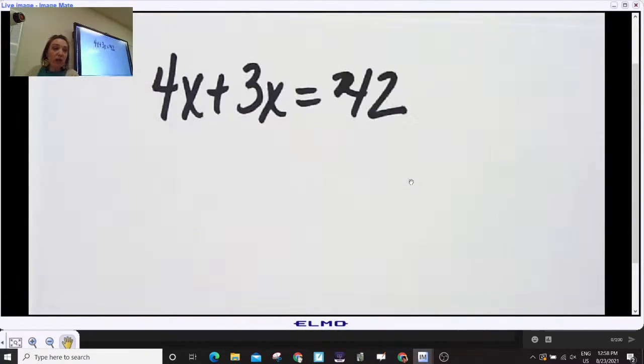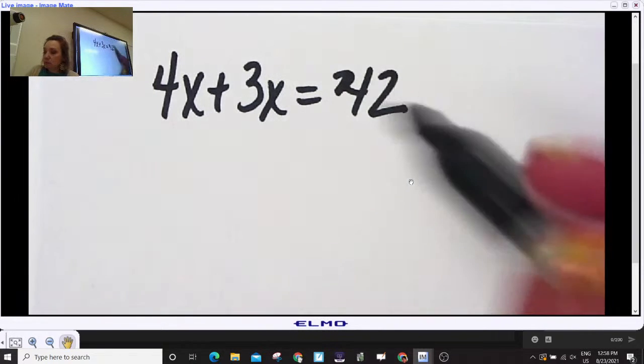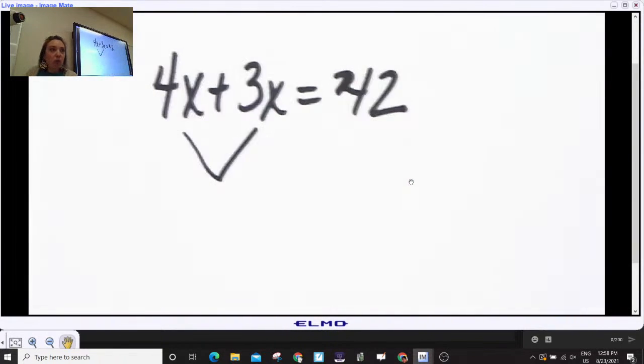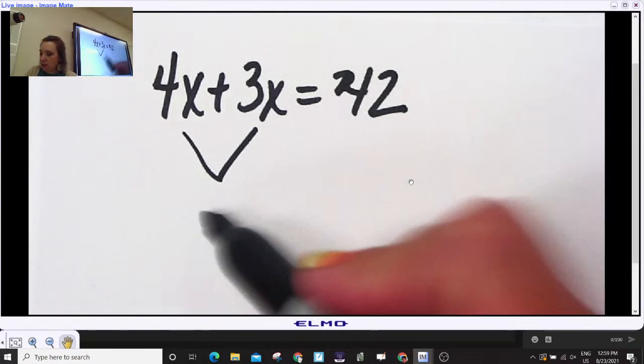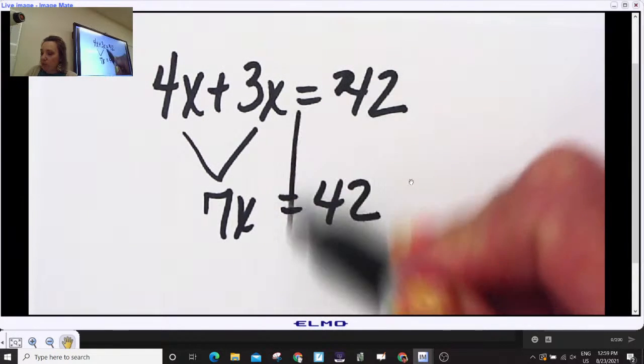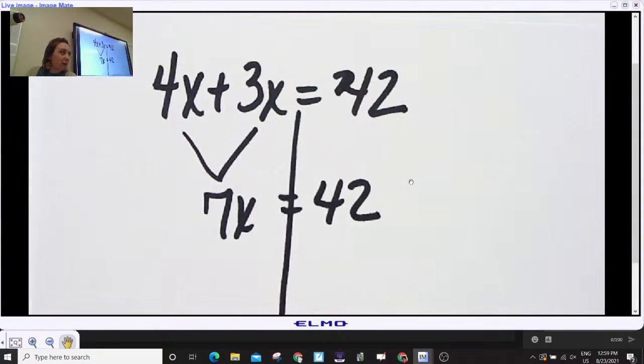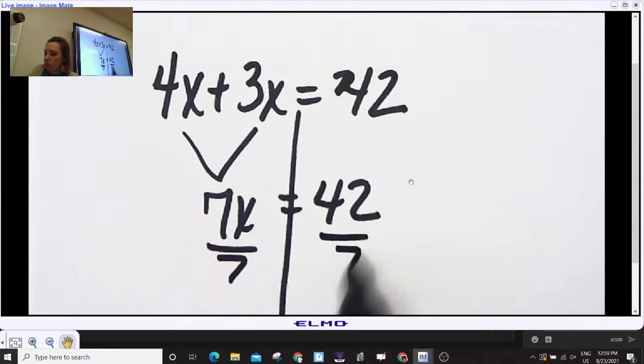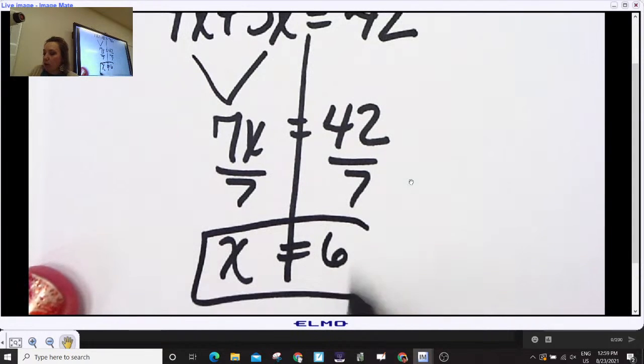Now, can we solve it? So what do we do to solve this? Combine like terms. So 4x plus 3x is 7x equals 42. Remember, if you need to draw that line, you can. If you don't need to, you don't have to. Now what? Divide by 7. And what is x? x is 6. So that is part of our answer.